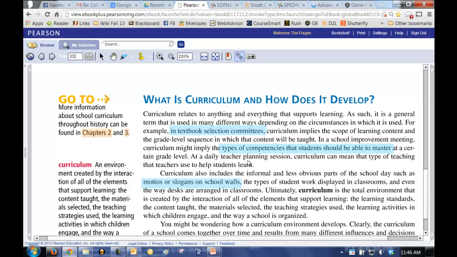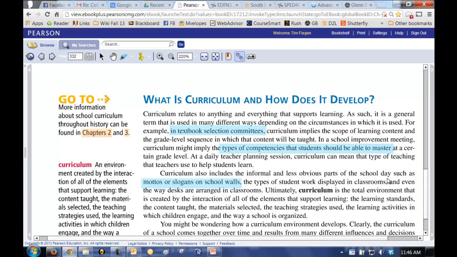The term is used in many different ways. For example, textbook selection committees use it to imply the scope of learning and grade-level sequence. In school improvement meetings, curriculum might imply types of competencies that students should be able to master.